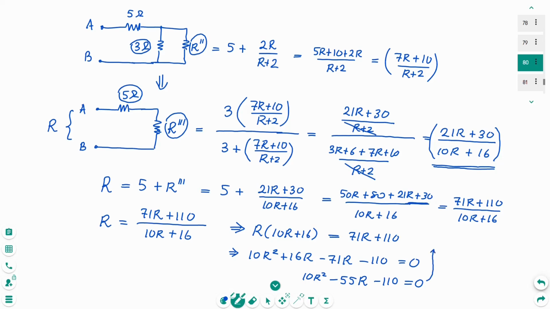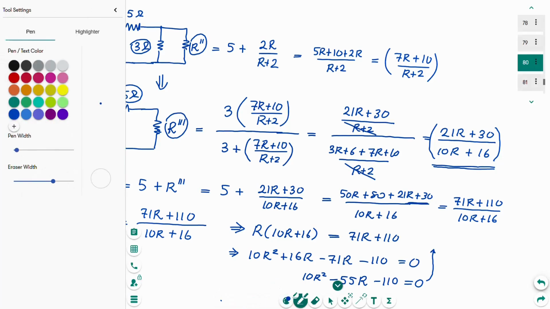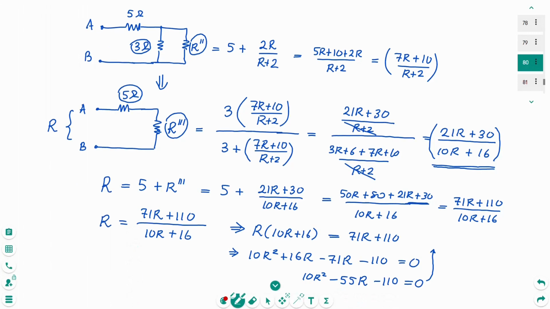I'll use a different color to put the final quadratic expression. If we divide the entire quadratic equation by 5, we are going to get 2R squared minus 11R minus 22 equals 0.